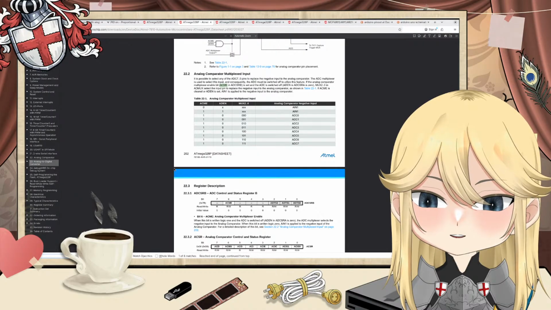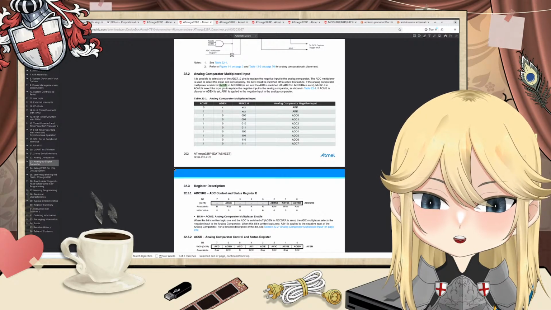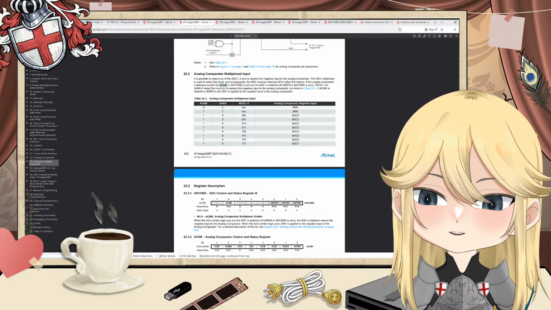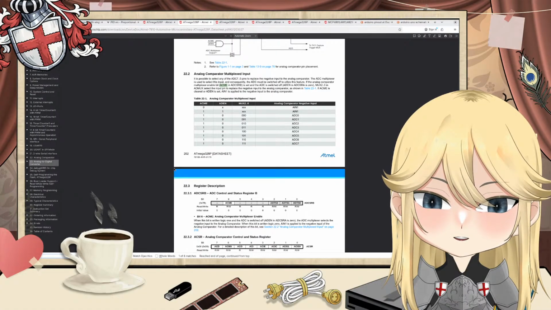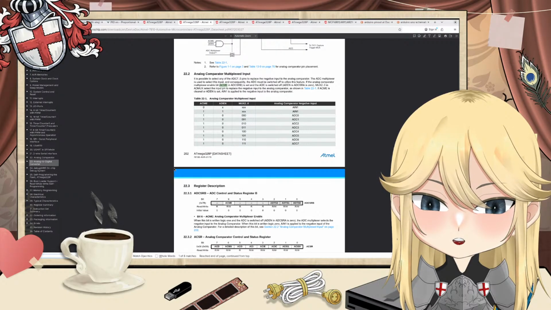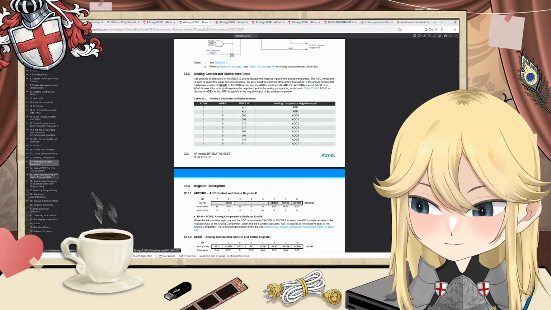Analog multiplexed input. Replace the negative input to the ADC multiplexers used to select this input. Analog comparator multiplexer. I don't think I need this, do I? No, I don't. Just set that to 0.